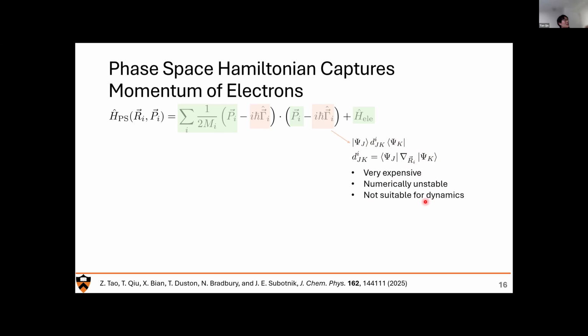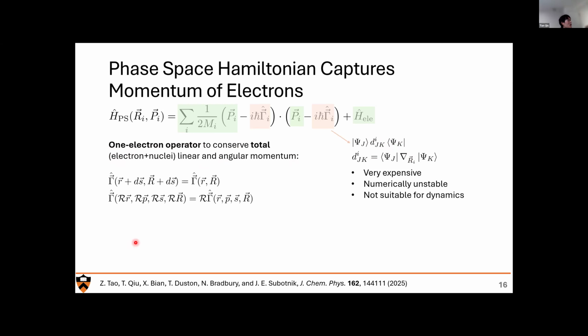So what we find is that there is in fact a way to define a one-electron operator to replace this many-body operator, such that it will still conserve the total electron plus nuclear linear and angular momentum, as long as this one-electron operator satisfies certain conditions, where I will still call it a gamma term.